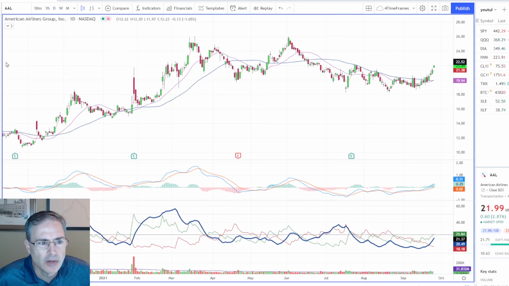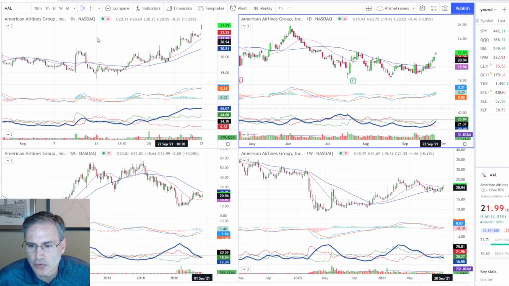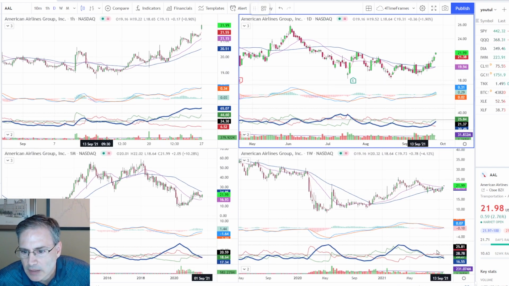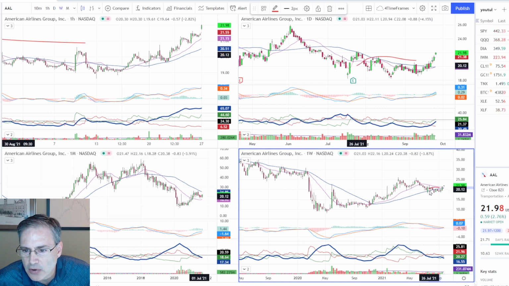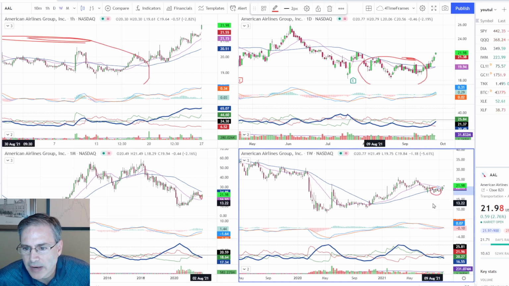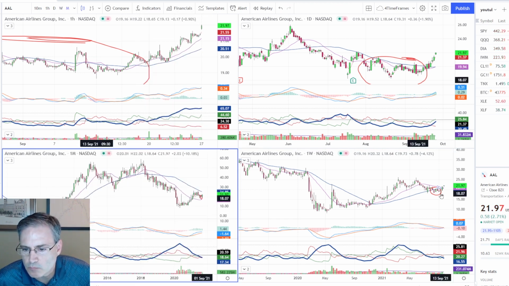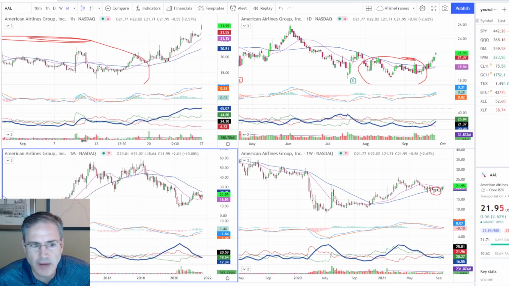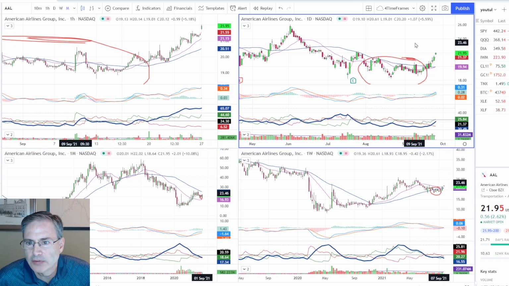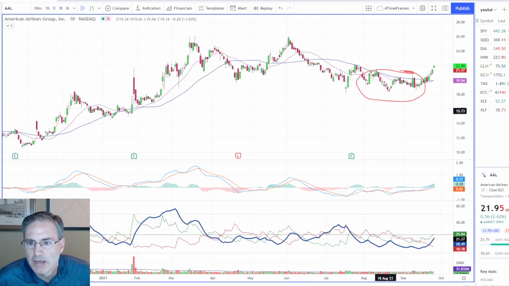I'm going to circle this so you guys can see it. So this is the zone that I'm looking at to start looking at the lower time frame. So let me go into this and let's look.